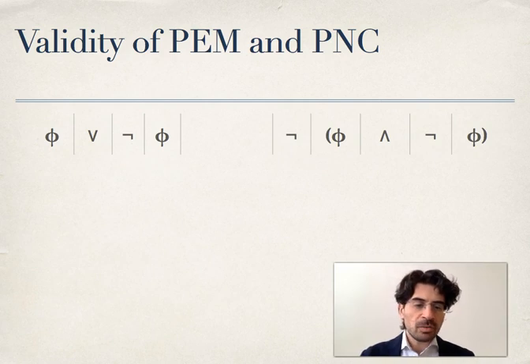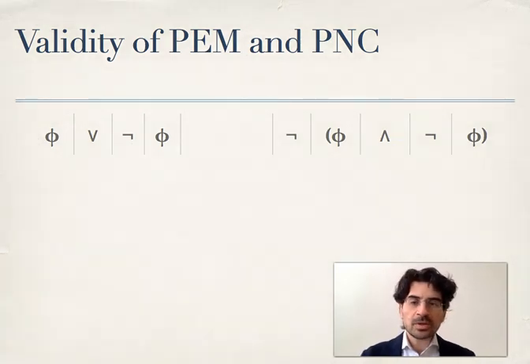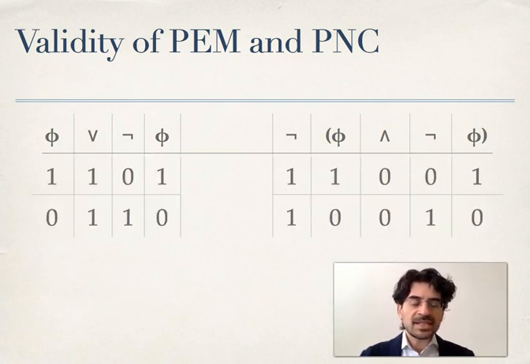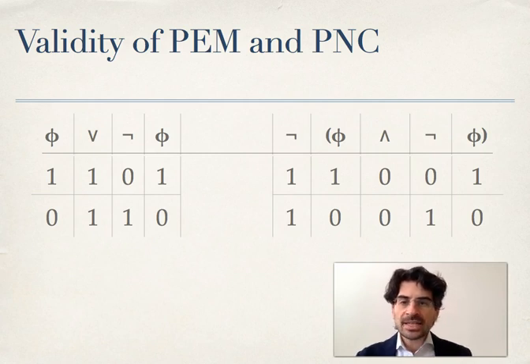These two principles, excluded middle and non-contradiction, are valid. This means that they are true under any possible valuations, and this is relatively easy to check. So let's consider the truth table for the principle of excluded middle on the left-hand side.